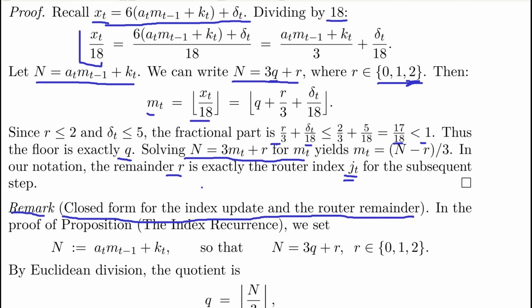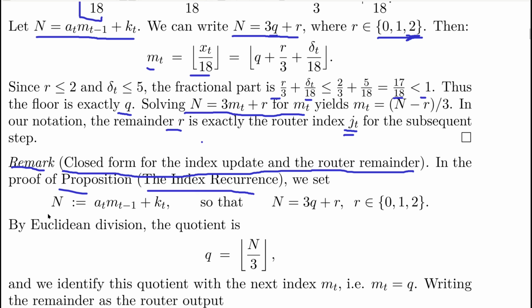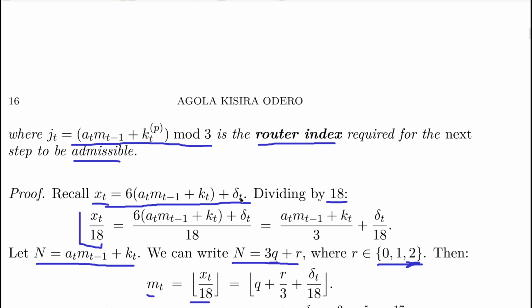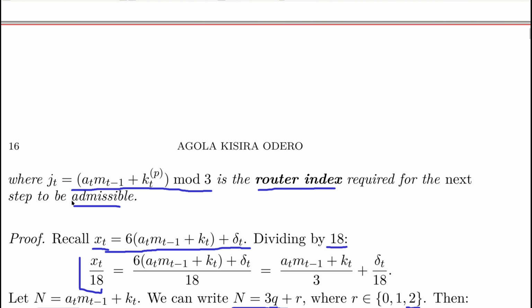In the proof of proposition, the index recurrence, which is this proposition, we set n to be defined by at mt minus 1 plus kt, where at is 2 raised to, so let's just look at it. So at is 2 raised to alpha t plus 6 pt, right?